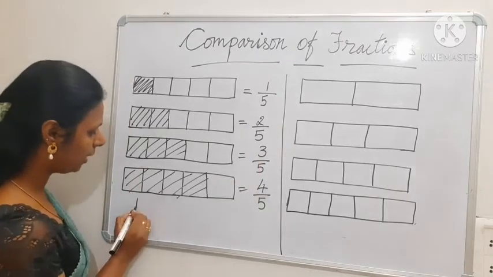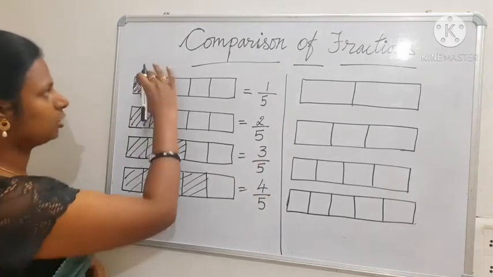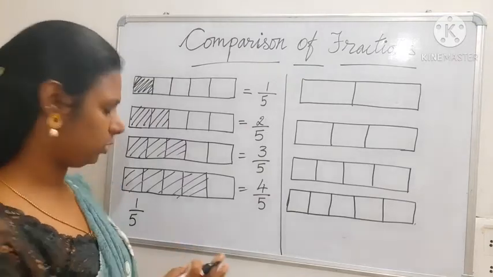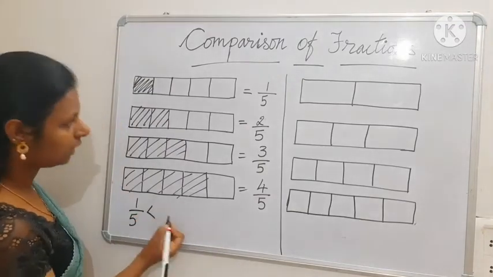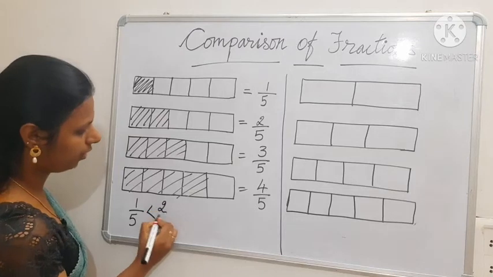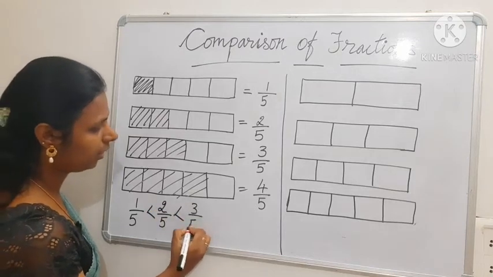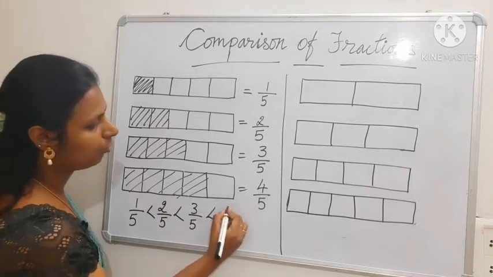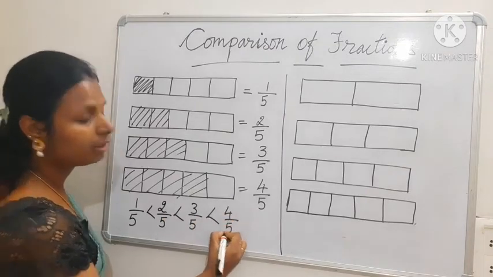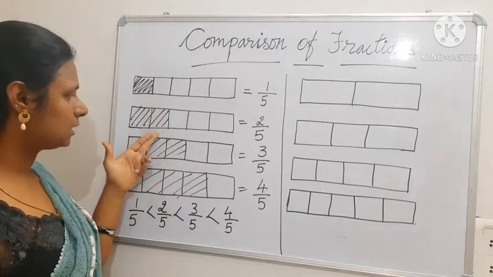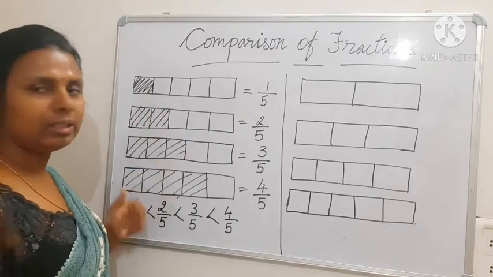So 1 by 5 is the smallest portion. Then the next one is 2 by 5, then 3 by 5, then 4 by 5. By looking at these figures, you can say this is the smallest one, then next to this one, and then this one, and then this one.